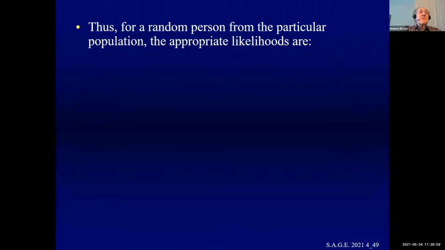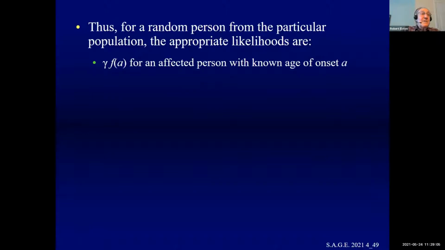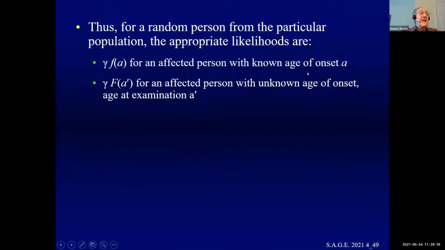Thus, for a random person from a particular population, the appropriate likelihoods are as follows. It's gamma FA for an affected person with known age of onset A, and gamma capital FA prime for an affected person with unknown age of onset, age of examination A prime.